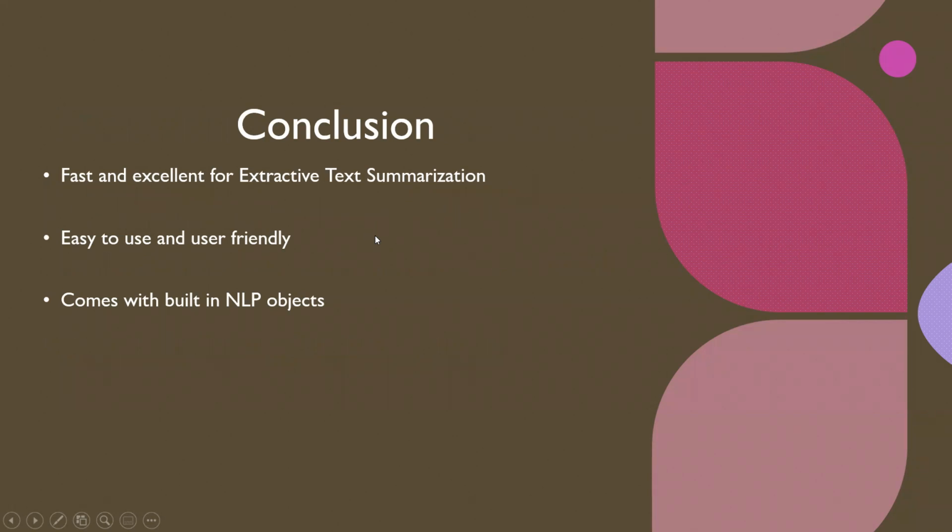As we saw, it was fairly simple to apply Spacy's functions in order to summarize the piece of text that we had. It was very easy to use and it was user-friendly. And it also came with the NLP objects that we used in order to score each word and each sentence using that tokenization that we did.